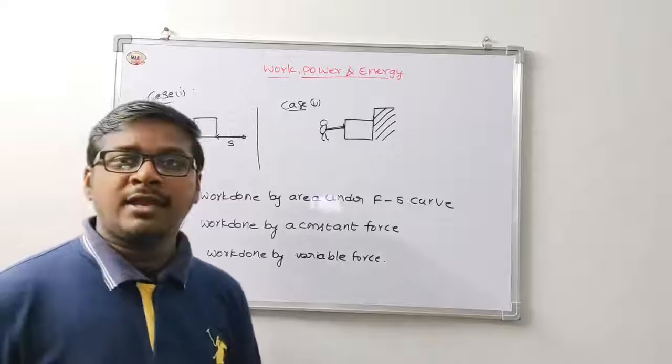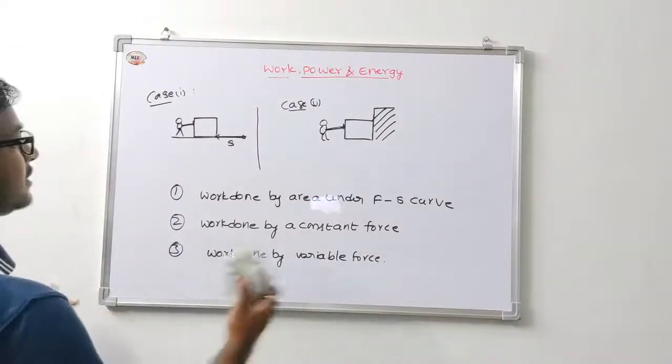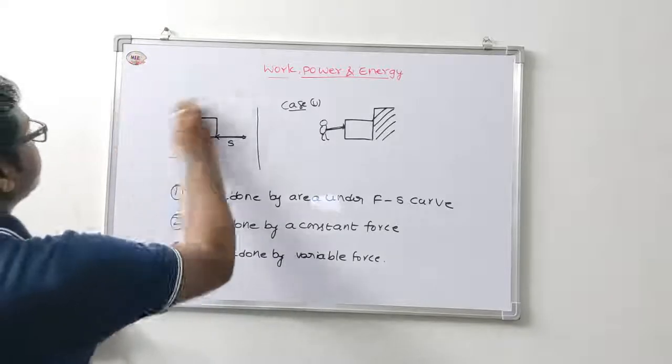Third one is work done by a variable force. These are the three ways, students, to find work done. We first discuss work done by area under the force displacement curve.